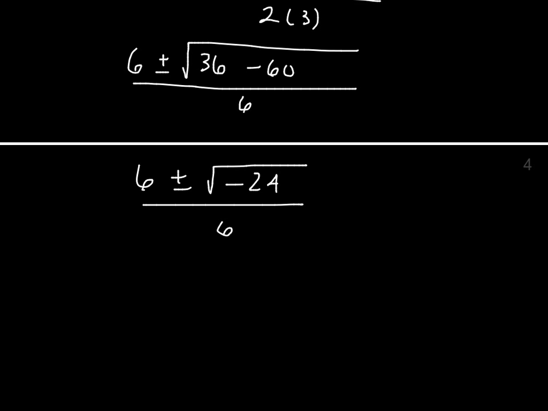Now I'm going to stop right here because I've noticed that I've got a square root of a negative number, and that's impossible. You cannot take the square root of a negative number. So from here we can conclude that there are no zeros.